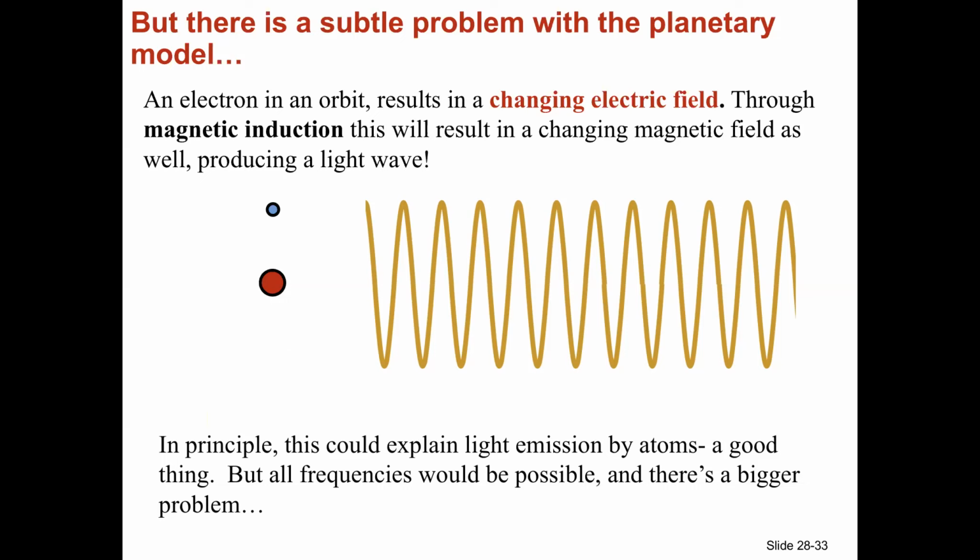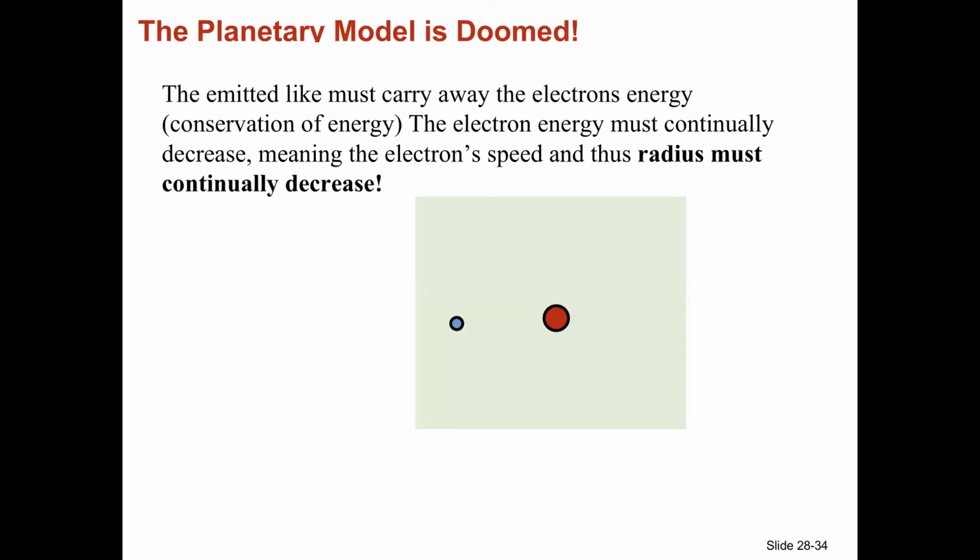But there's also another problem, and a much bigger one, and it comes from conservation of energy. If our electron orbits the nucleus like a planet orbiting the sun, the electron must give off light, and that light carries away energy. As we know, photons have energy.